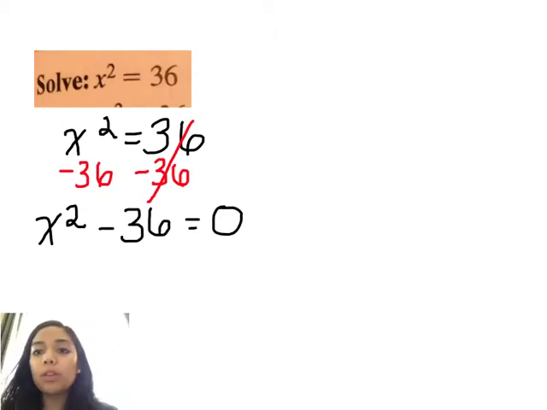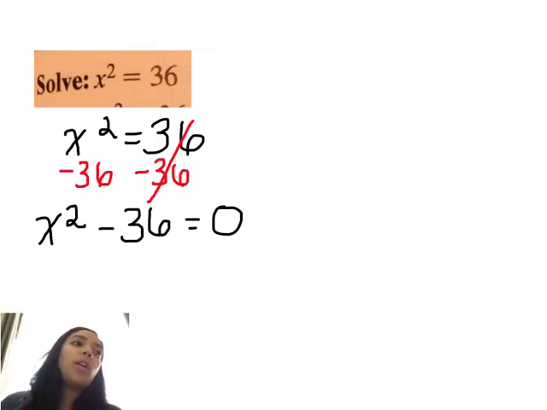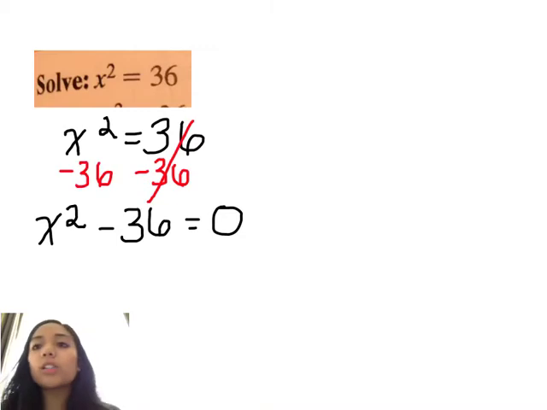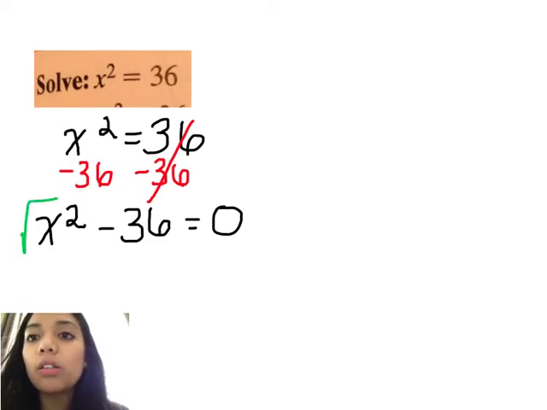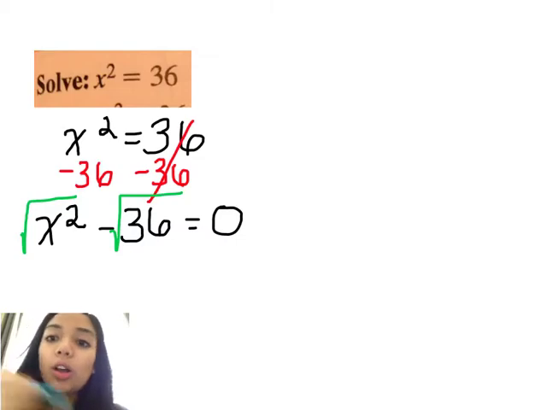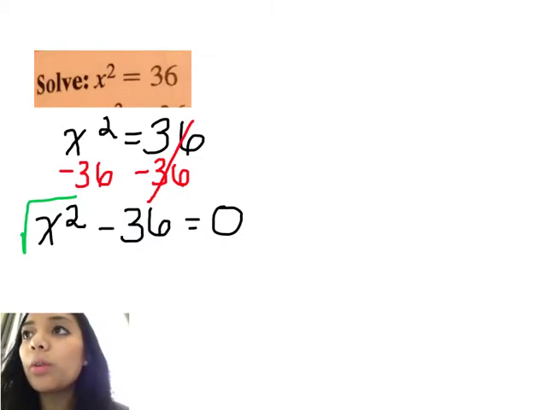All I did was manipulate the equation, and I know that some of you are going to be really confused by that. Well, if you notice, x squared minus 36, this is the difference of two squares. That means I can find the square root of x squared and find the square root of 36. This is also a review, so that's why I'm going through it pretty quickly.